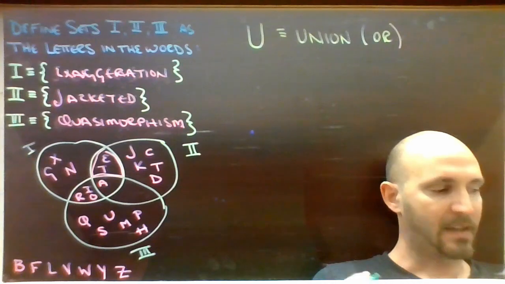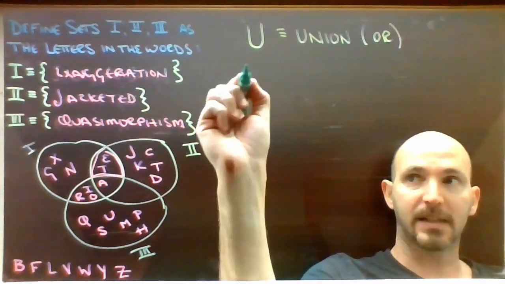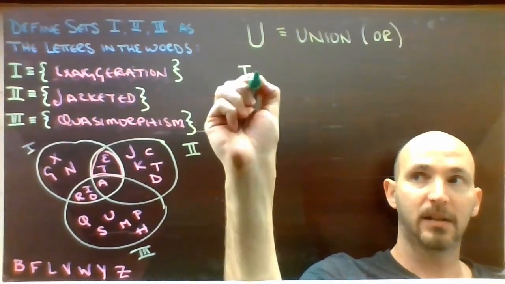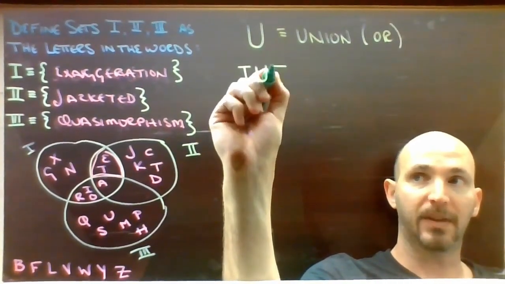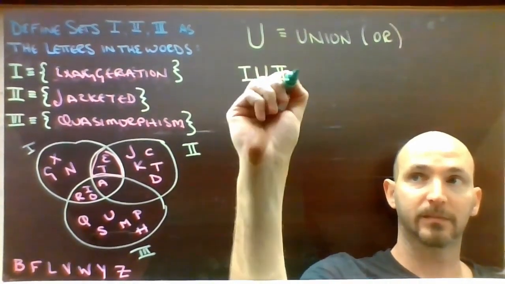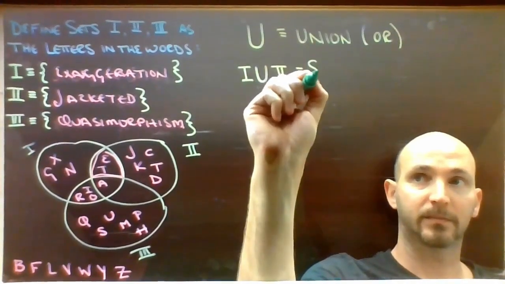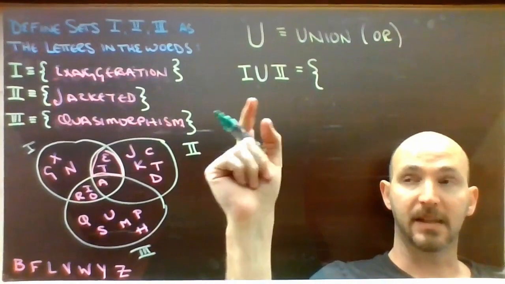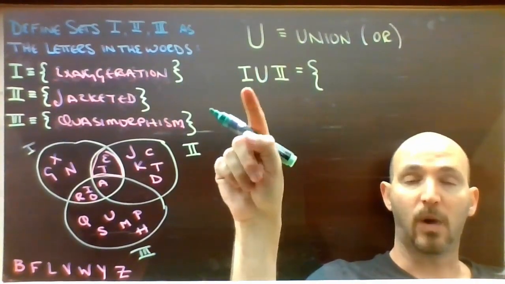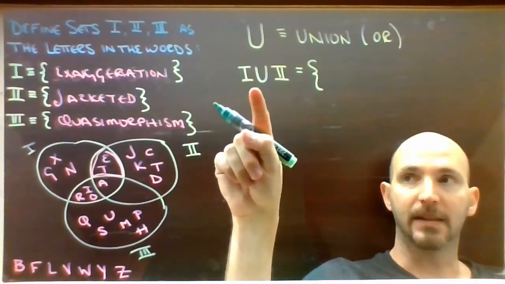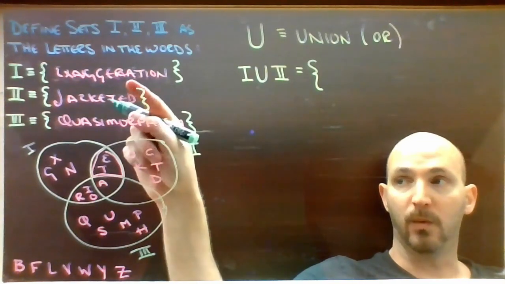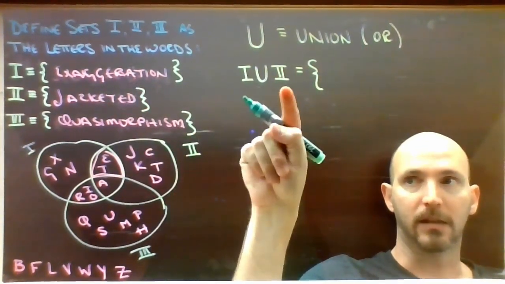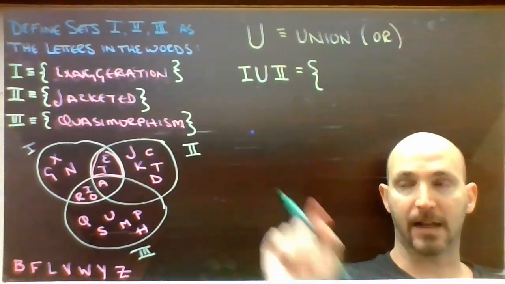The first set that we're going to look at is what's contained in the set 1 unions with 2. If I read this in the symbols, it says, what letters are in the set of the word exaggeration or the set of letters in the word jacketed?